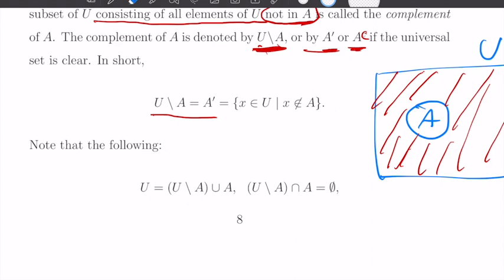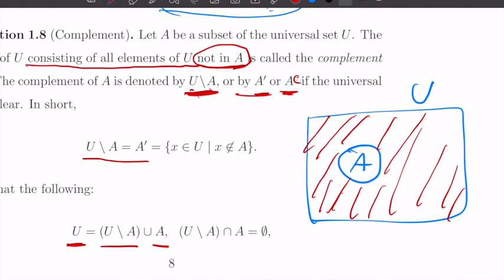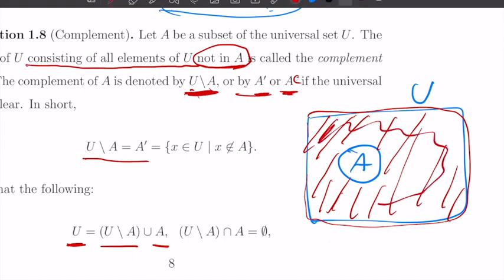And you should notice these equalities. The universe consists of A and non-A, the complement of A. If you look at this, this is actually a Venn diagram. So the entire U consists of this part and this part.